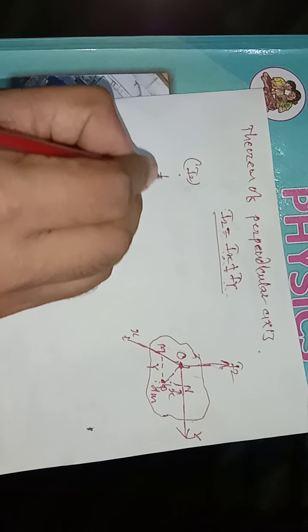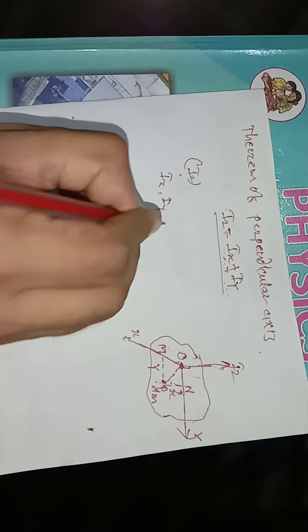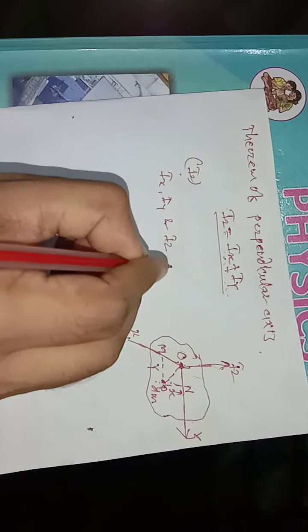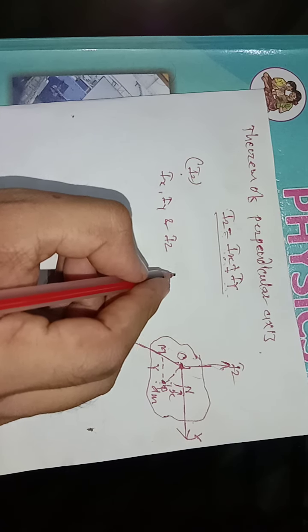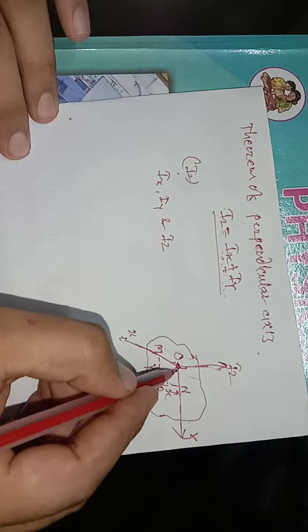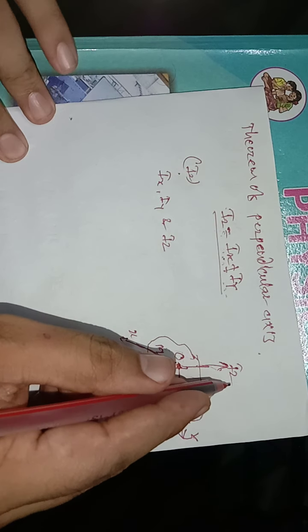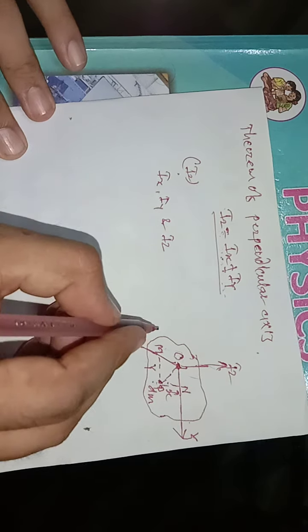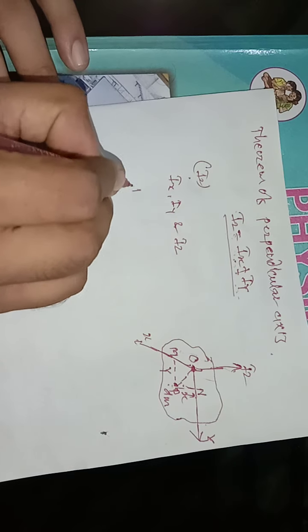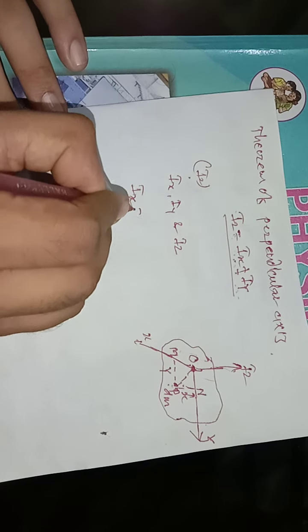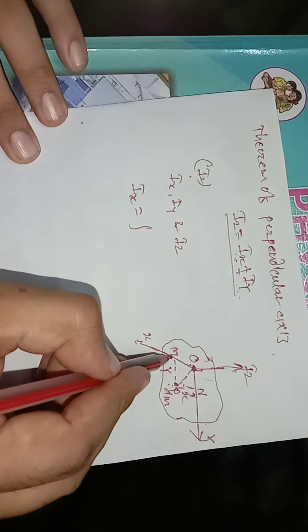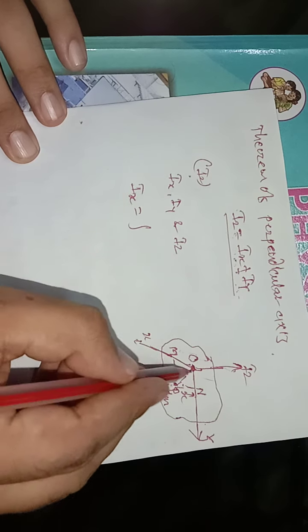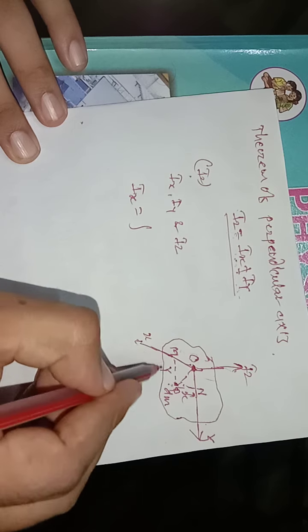If Ix, Iy and Iz are the respective moments of inertia of that body about axes x, y and z, then according to the definition of moment of inertia, Ix is equal to the integration of y square dm, since y is the distance of that point from the axis of rotation.